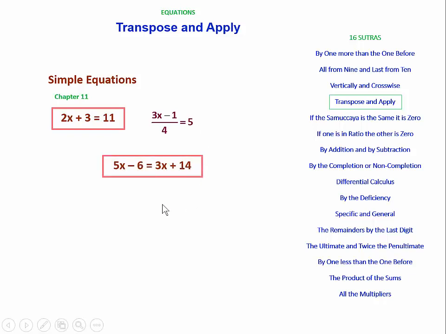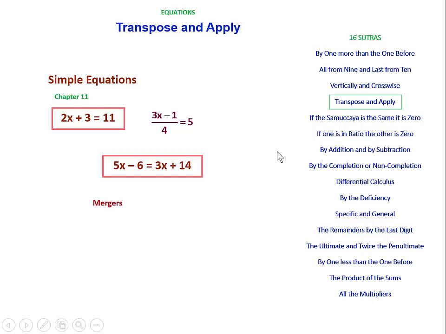Here the x is repeated. Well, x appears on both sides of the equation, but we can still use the same method. We transpose the minus 6 to the other side, so it gets added to the 14. We transpose the 3x to the other side, so it gets subtracted from the 5x. We get 2x equals 20, so x is 10.